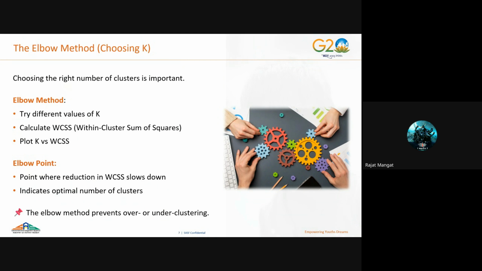When you see that the reduction in WCSS value slows down, that is the perfect number of K that you should use. But for now, we will be using the hit and trial method. We will be guessing how many clusters you want.